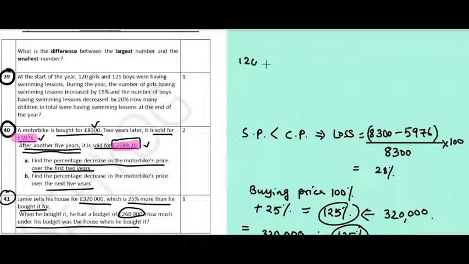So 120 girls were there plus 15% of 120 girls, and 125 boys were there, that is decreasing by 20%. So it is a minus. Now, how many children in total were having swimming lessons at the end of the year?